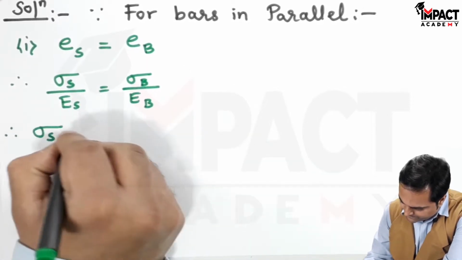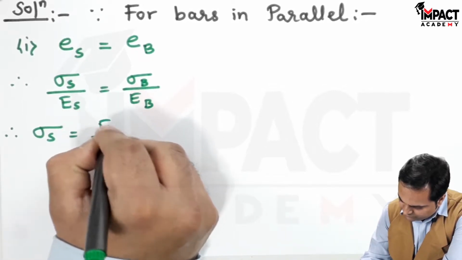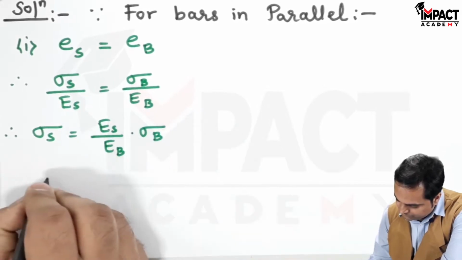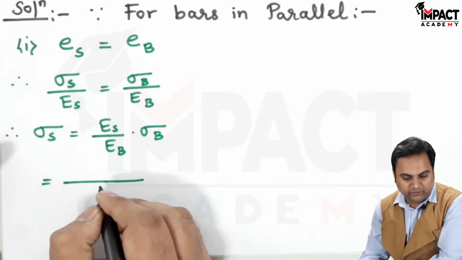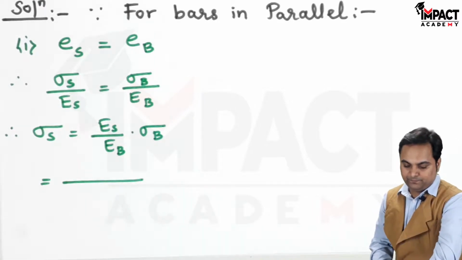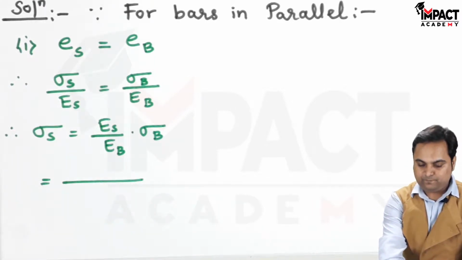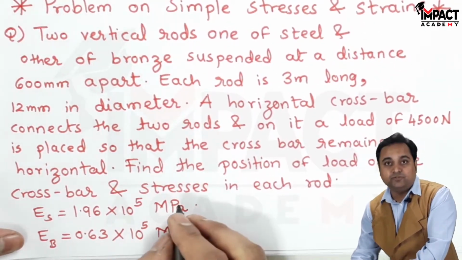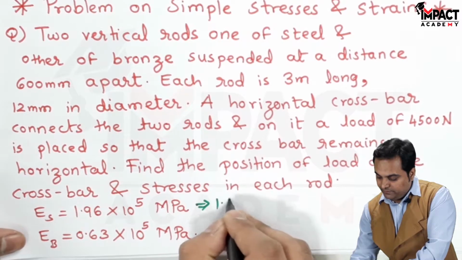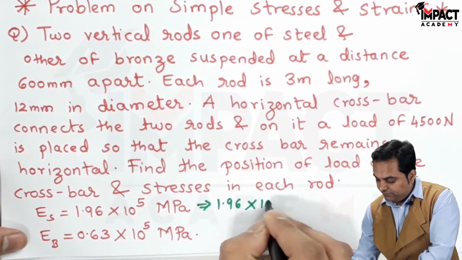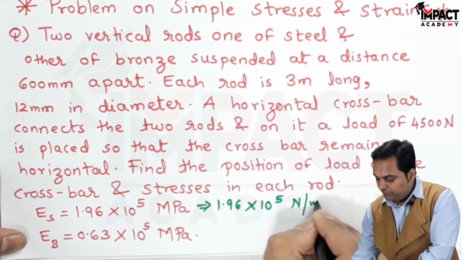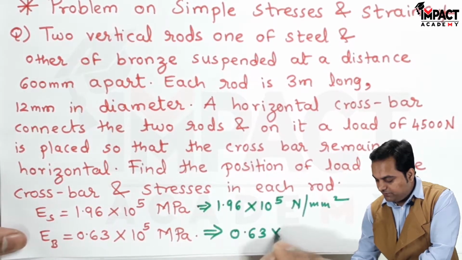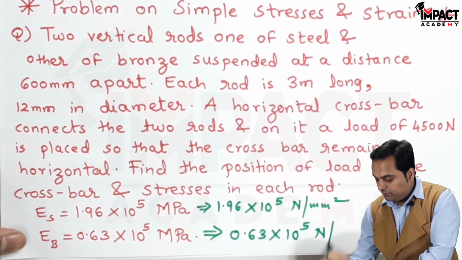So therefore E_S would be shifted onto the other side. The value of Young's modulus given in the problem is for steel 1.96 into 10 raised to 5 megapascal. It means 1.96 into 10 raised to 5 Newton per mm square. Similarly for bronze, 0.63 into 10 raised to 5 Newton per mm square.